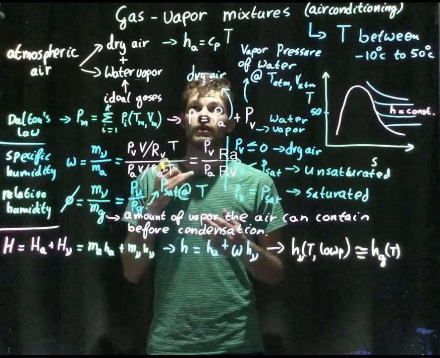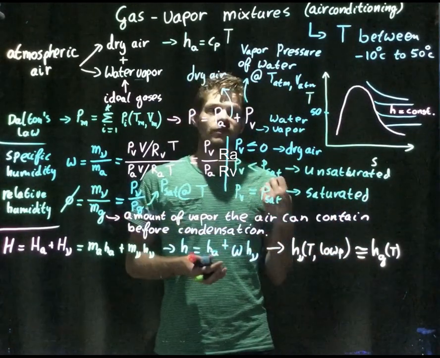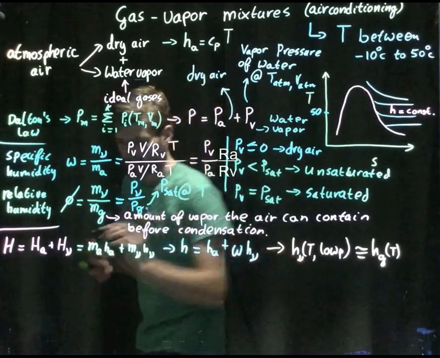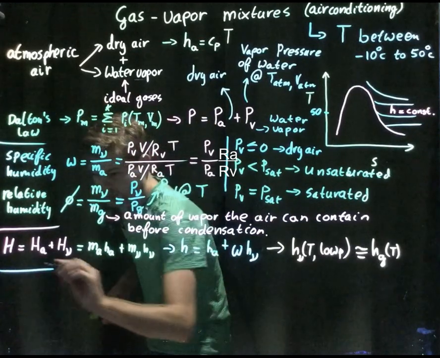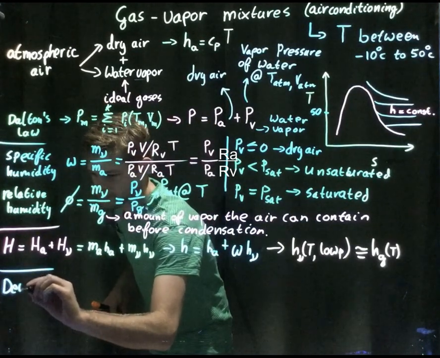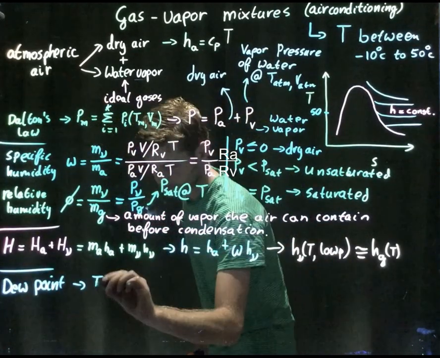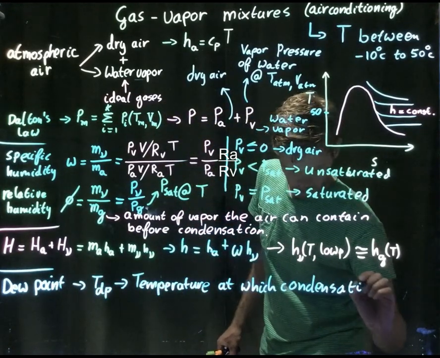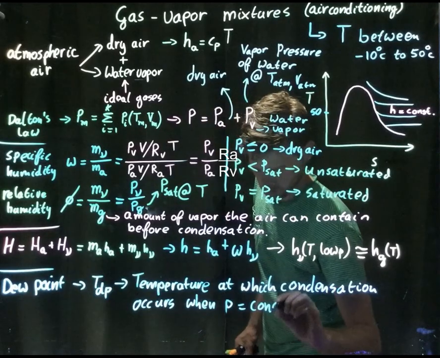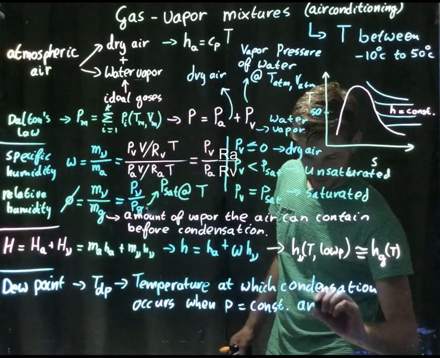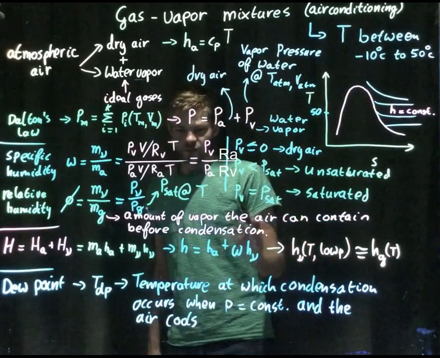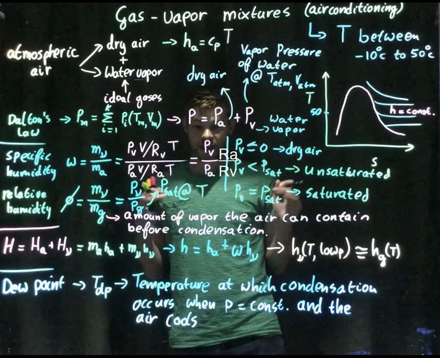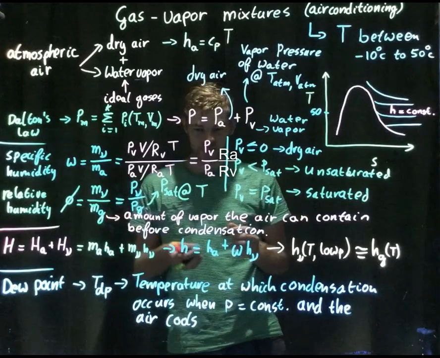For the purpose of explaining, it's usually very convenient to talk about the dew point. So I'll discuss that over here, the dew point. So the dew point is the temperature at which condensation occurs when at a constant pressure the air cools.